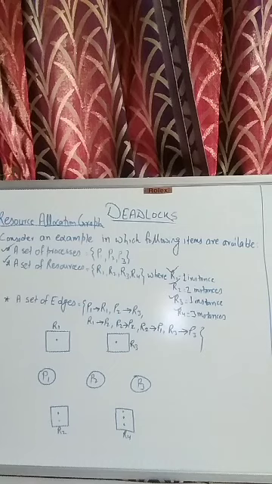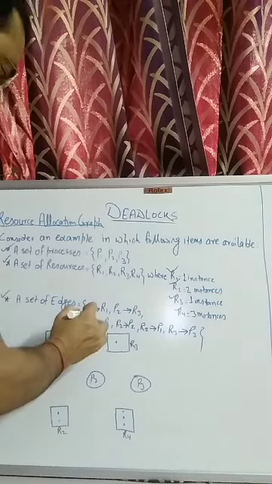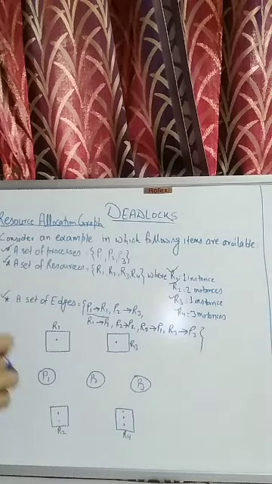In this system, the snapshot taken has the following set of edges present, that is P1 arrow R1.